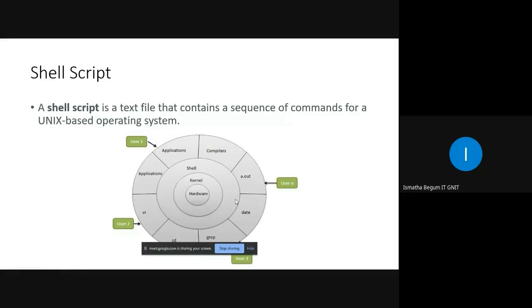BTech third year students. Okay, look at this diagram and try to answer what could be a shell and what is the purpose of a shell.